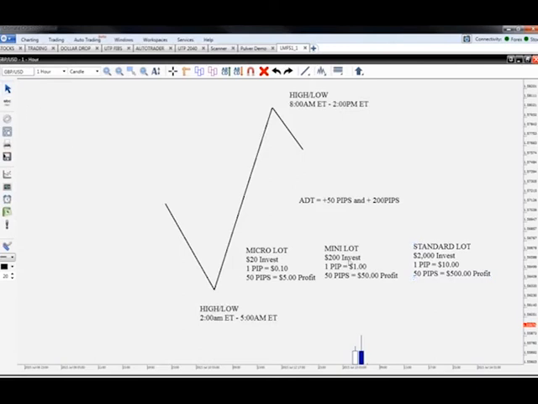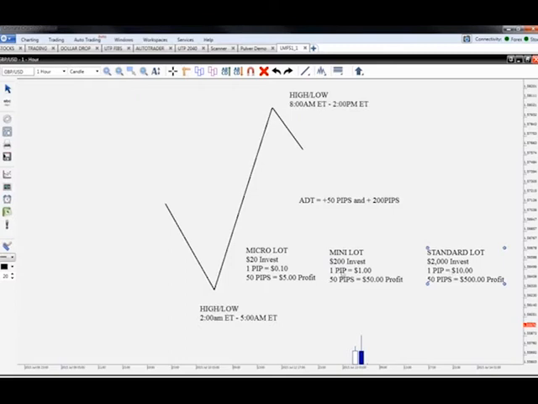Now, I know some of you, this might be brand new to you, and you're wondering what a pip is. Well, a pip stands for, in fact, let me type that out for everybody. A pip means price interest point. So I see a couple of you asking, what's a pip? Basically, a pip represents 1/100th of a penny.